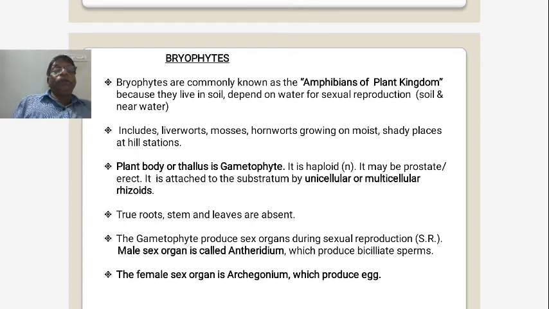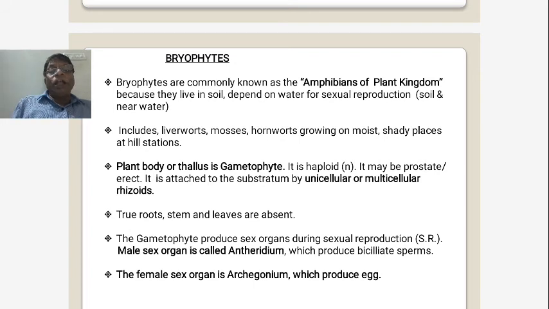Okay. Then, the gametophyte may be prostrate. Prostrate means found growing on the surface of the soil. Or it may be erect. Erect means straight. It's another character.